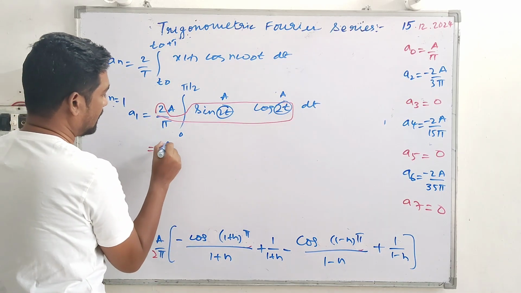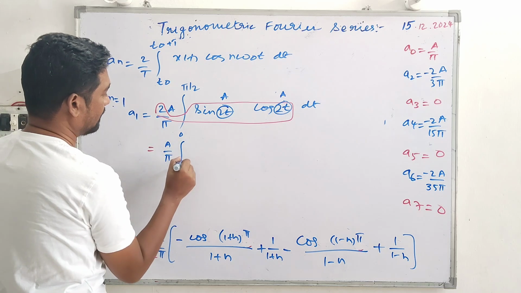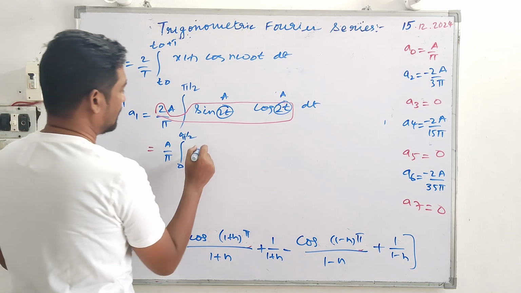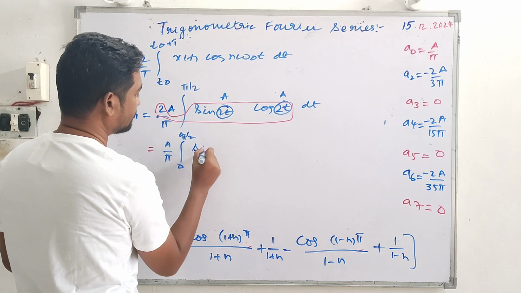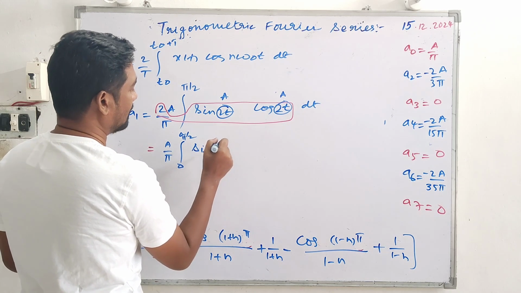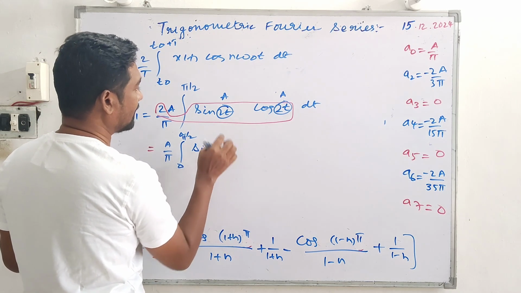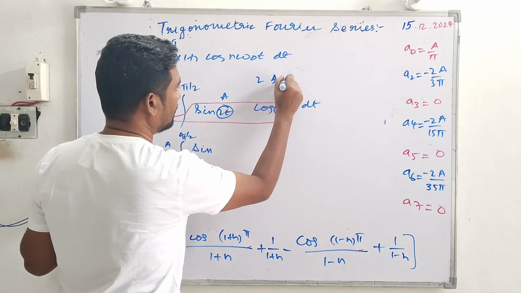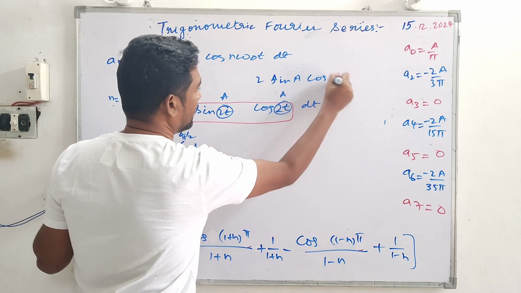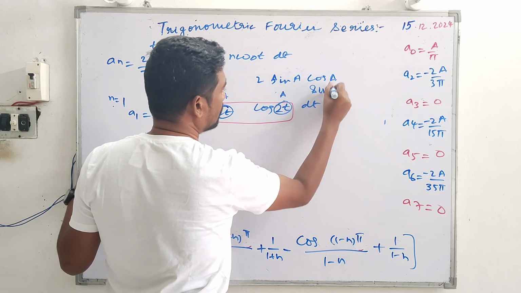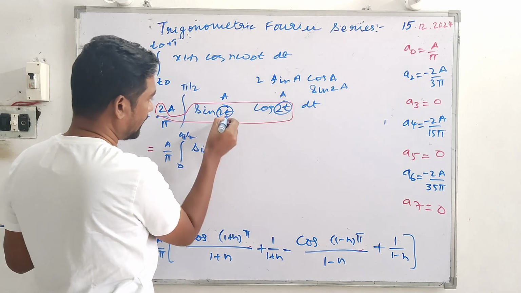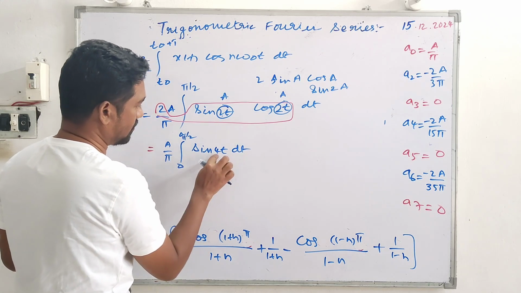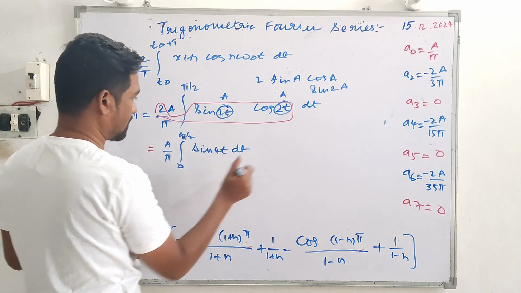So A by pi, that's okay. We have that integration 0 to pi by 2. It will be sine 2A, like 2 times sine A cos A is sine 2A. A is 2t over here, so we have sine 4t dt. 2A, A is 2t, so 4t we have here.